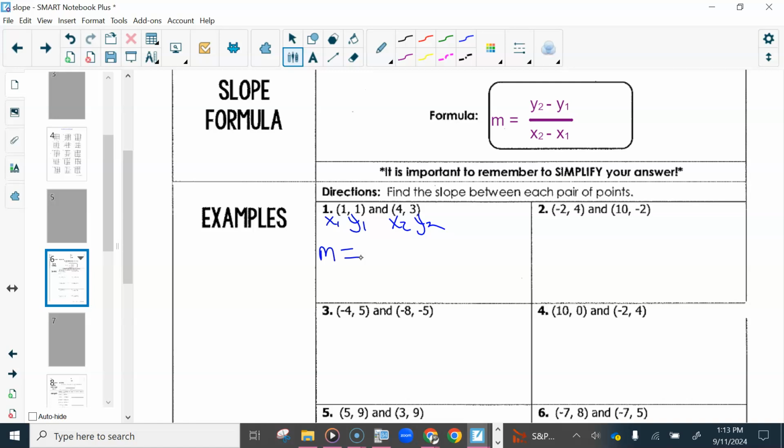So our y2, and this one is 3, minus our y1, and this one is 1, over our x2 is 4, minus our x1 is 1. So it'll always be set up very similarly to this, and then we just subtract. 3 minus 1 is 2, and 4 minus 1 is 3, so that is our slope, because this one cannot be simplified.